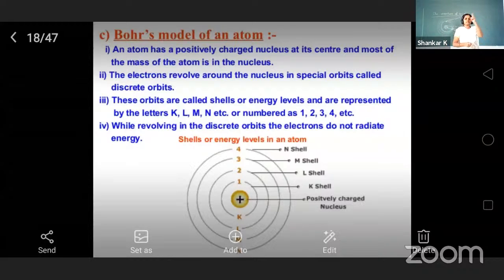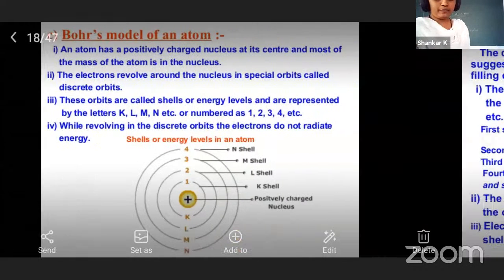While revolving in a discrete orbit, the electrons do not radiate energy. This is how the shells or energy levels in an atom work.